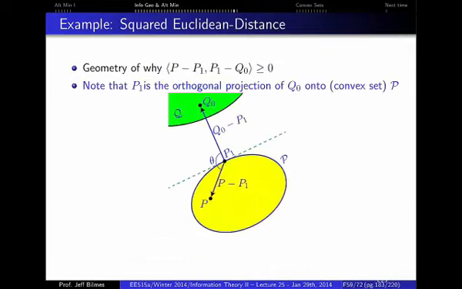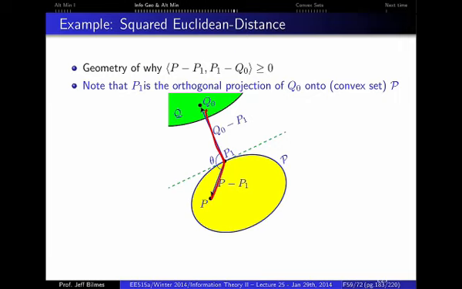And why is it true? I mean, you can sort of geometrically look at why it's true. Because again, based on the minimization, P1 is the minimization in P closest to Q naught. And this is going to be a dot product. It's the dot product between this vector and this vector. And the angle, because of the convexity of the sets, this angle is always going to be greater than pi halves. Okay.